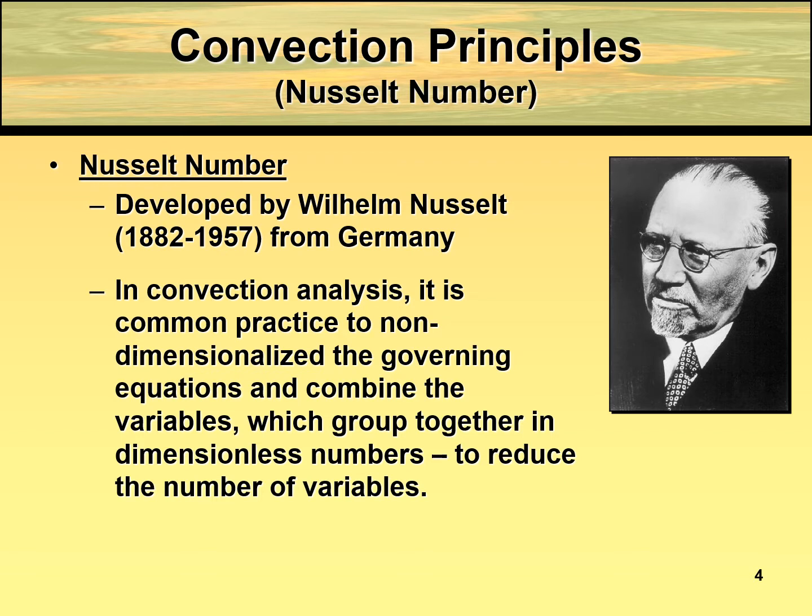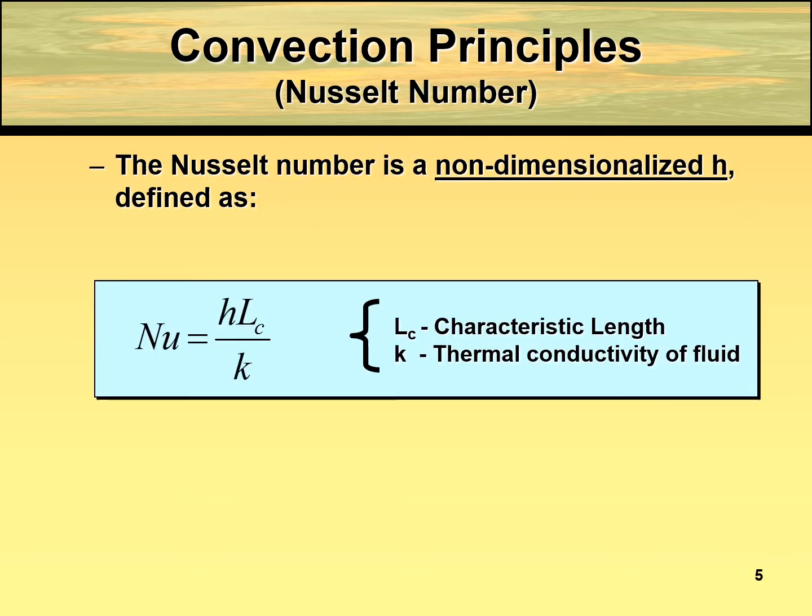This is a combination of the variables that we group together in dimensionless and quasi-dimensionless numbers. By doing this, we can do the mapping and we can reduce the number of variables so that they become parameters. So the Nusselt number is one of the non-dimensional parameters, which was introduced by Wilhelm Nusselt.